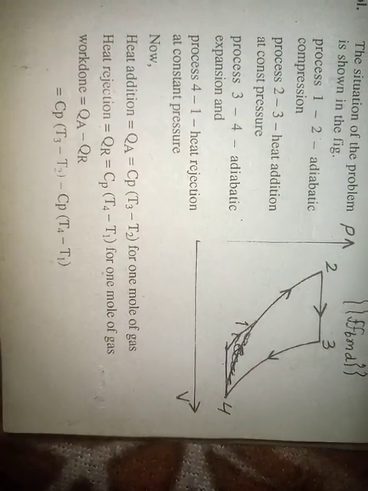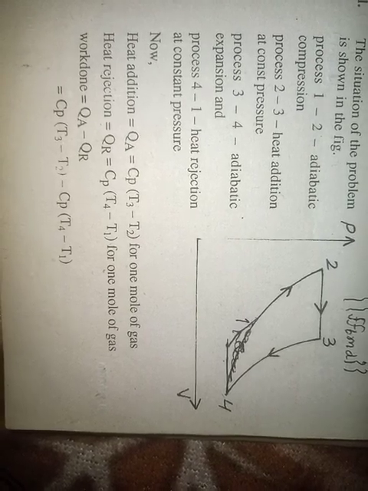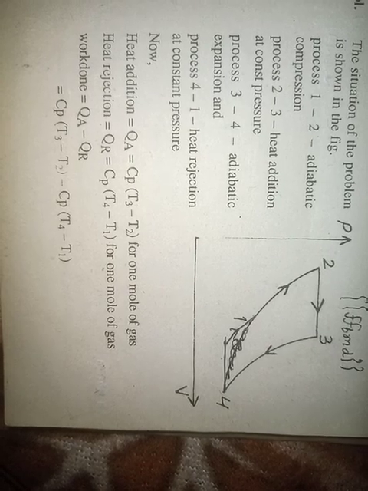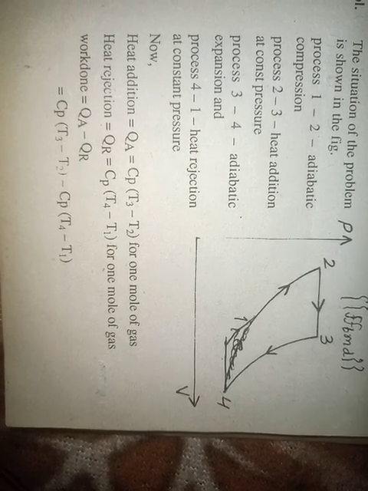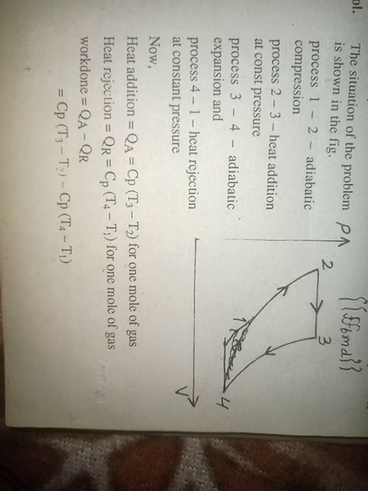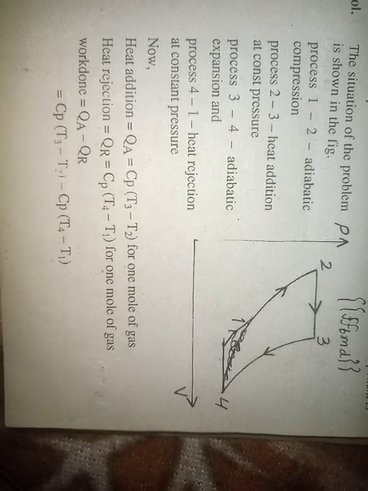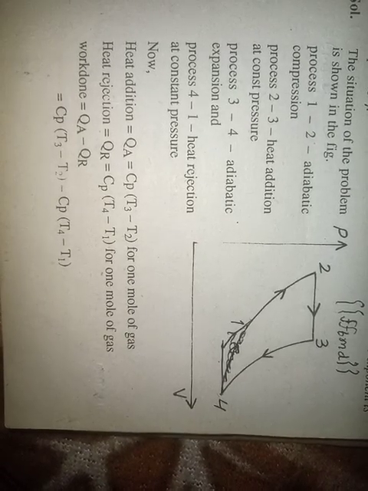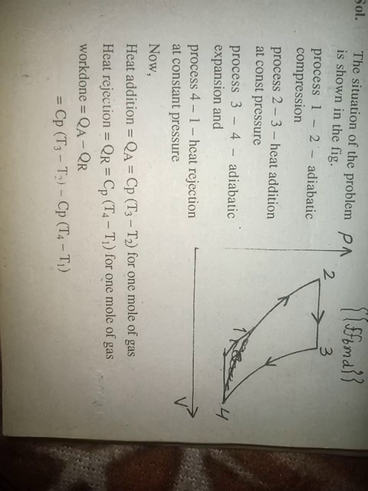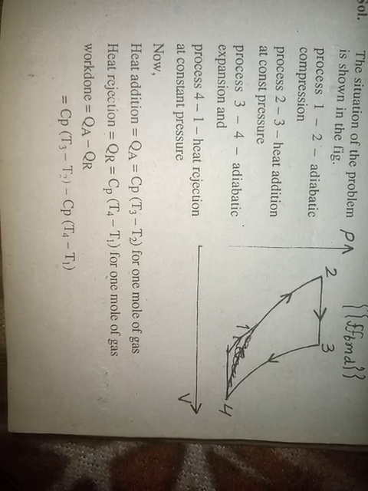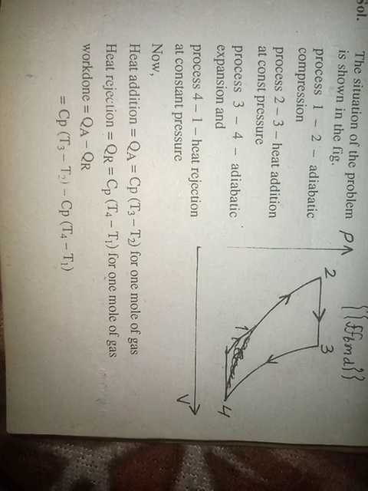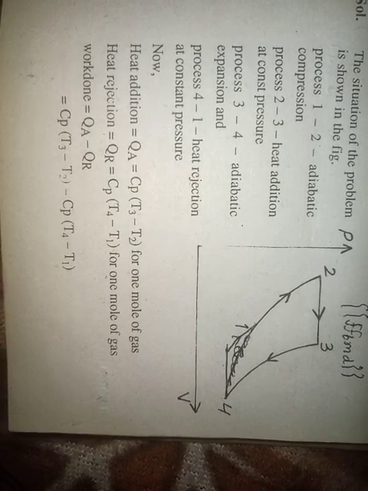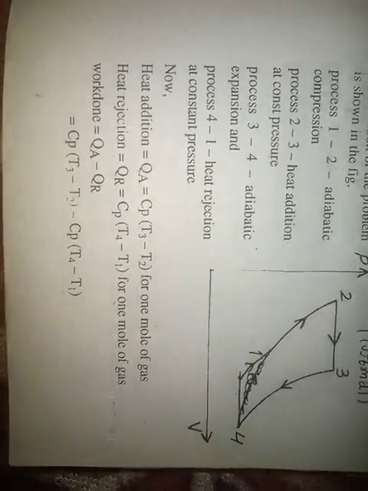Now, we have heat addition QA equals Cp (T3 minus T2) for 1 mole of gas, and similarly heat rejection QR equals Cp (T4 minus T1) for 1 mole of gas, and work done will be equal to QA minus QR, which is Cp (T3 minus T2) minus Cp (T4 minus T1).